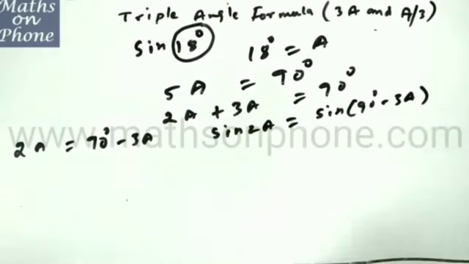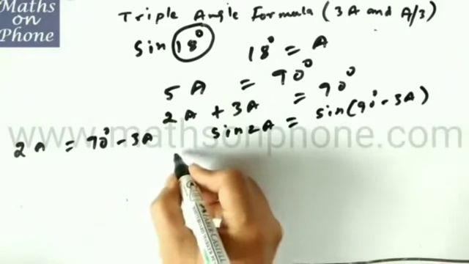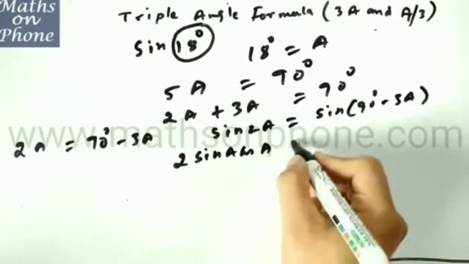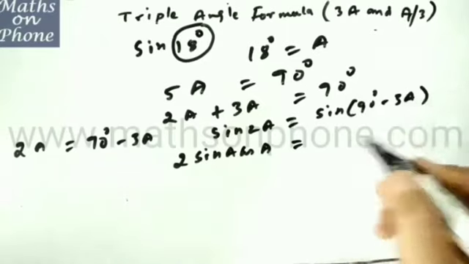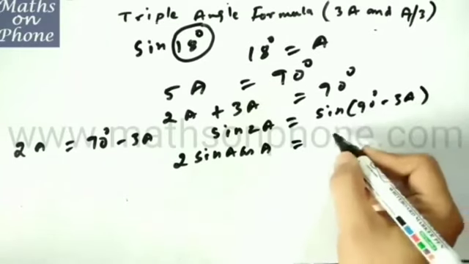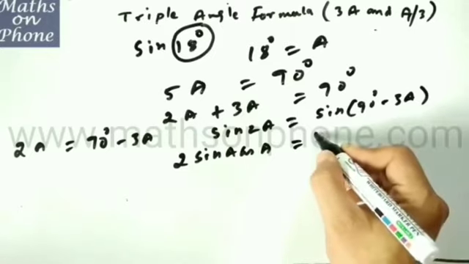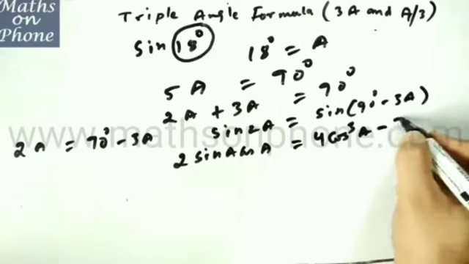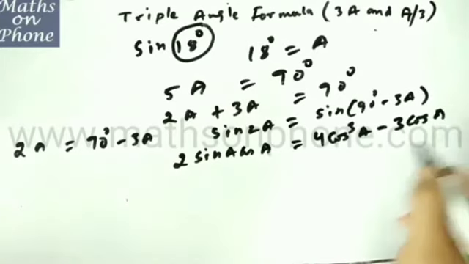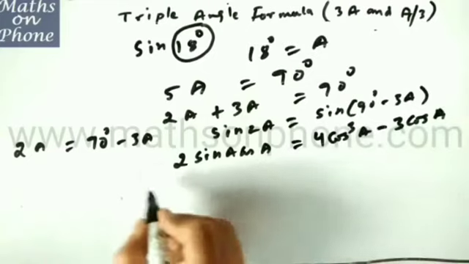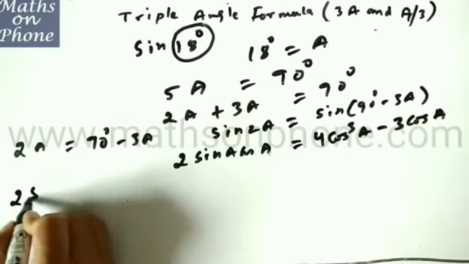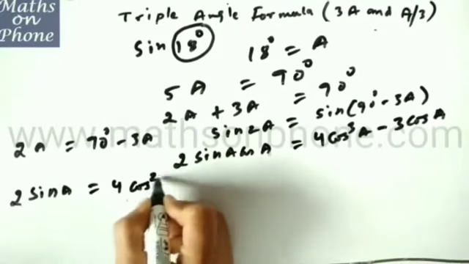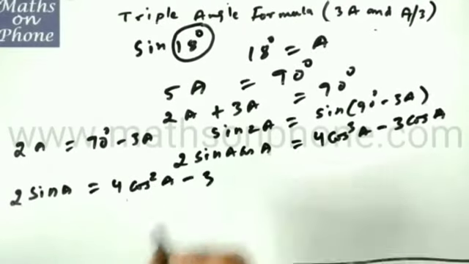Is it? Further, we can just write sine 2A as 2 sine A into cos A. And you know sine (90 minus theta) is cos theta. So it is cos 3A. And the formula for cos 3A is 4 cos cube A minus 3 cos A. If I just take cos A and cancel it out, I will be left with 2 sine A is equal to 4 cos square A minus 3.